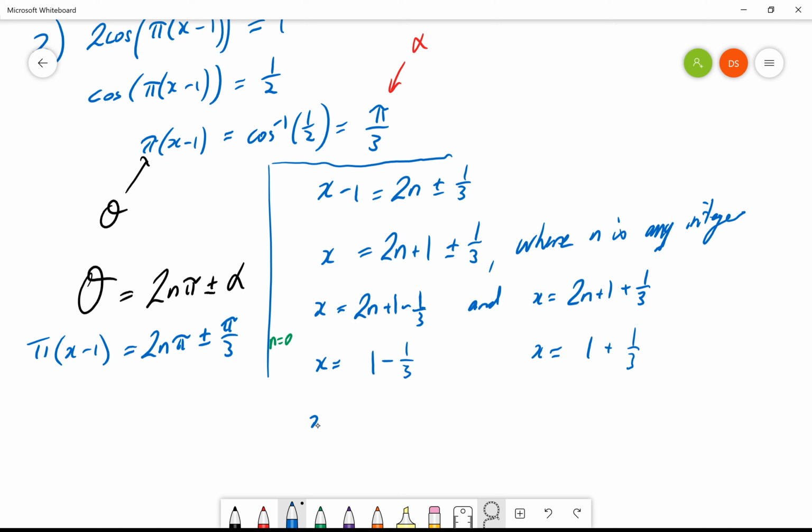And then n equals 1. So 1 times 2 is 2, plus 1 is 3. So I get 3 minus 1/3. And the same thing happens here. I get 3 plus 1/3.